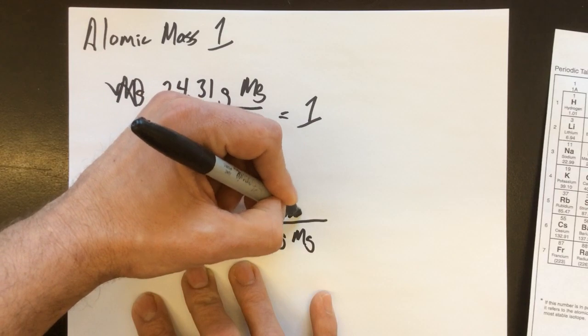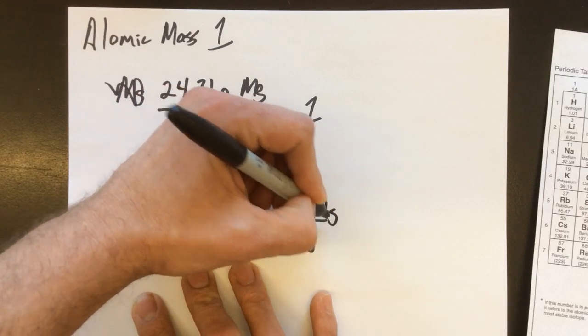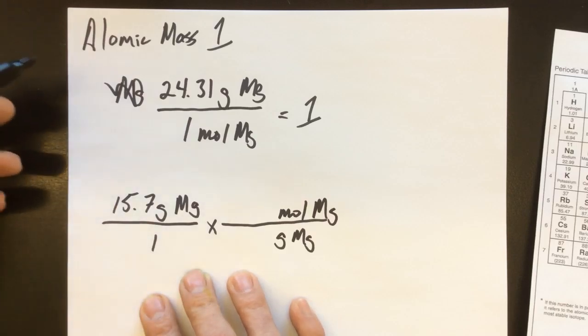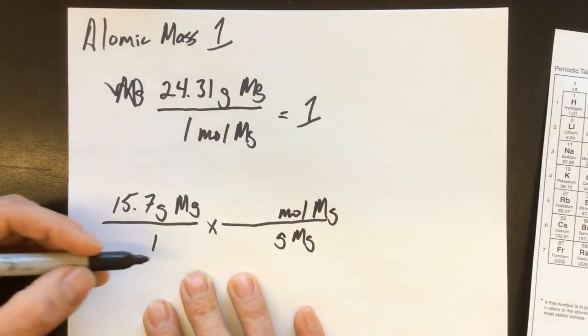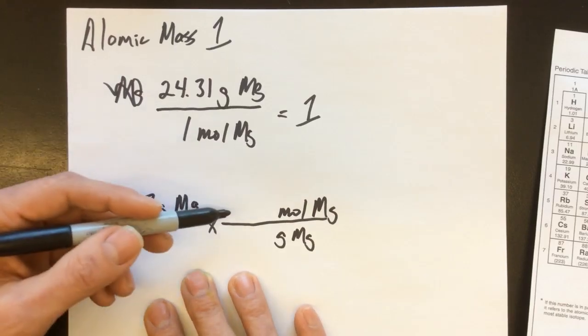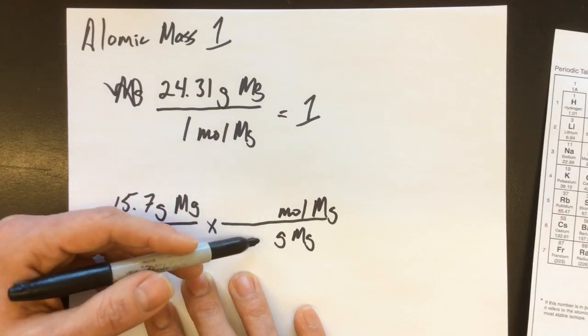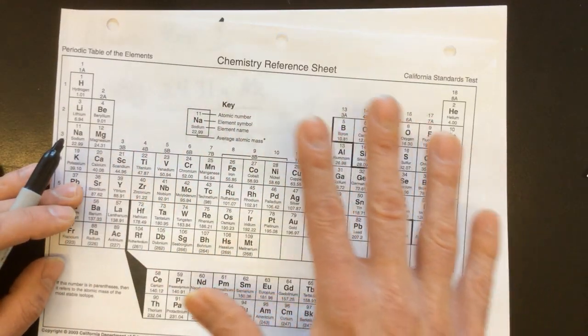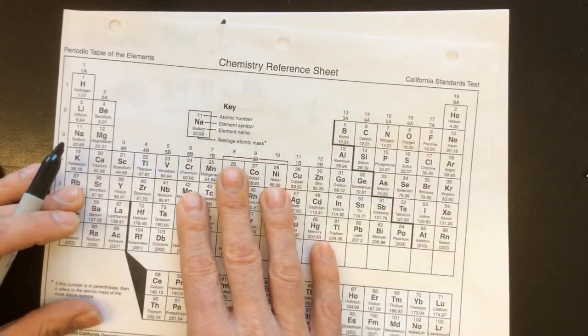I'm moving it to moles of magnesium because that's how work in chemistry is done. And then I can be thoughtful for a second, and it's not 24.31 moles in a gram, it's 24.31 grams in a mole. All the masses on the periodic table are the masses of 1 mole.